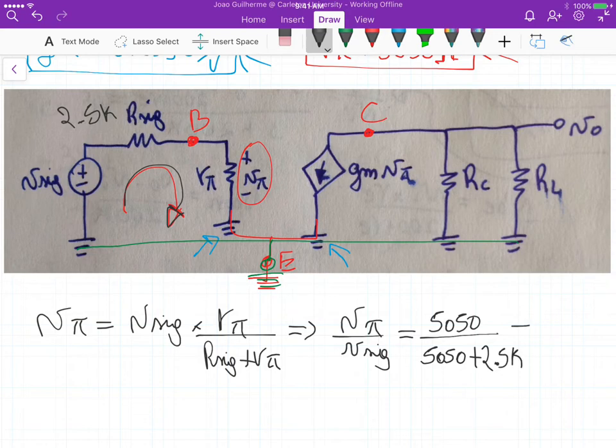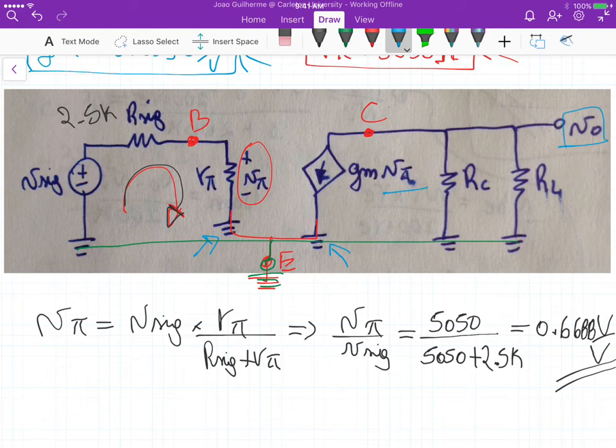And this gives us a V pi over V signal that is equal to 0.6688 volt per volt.